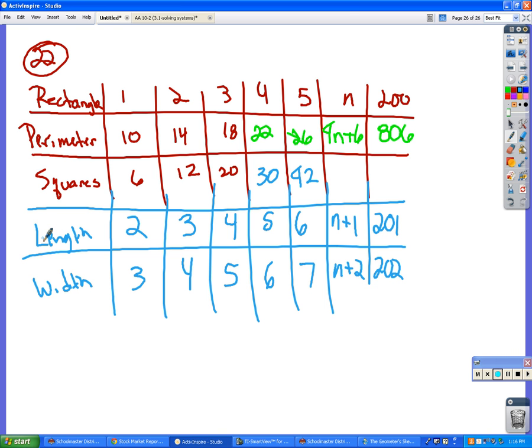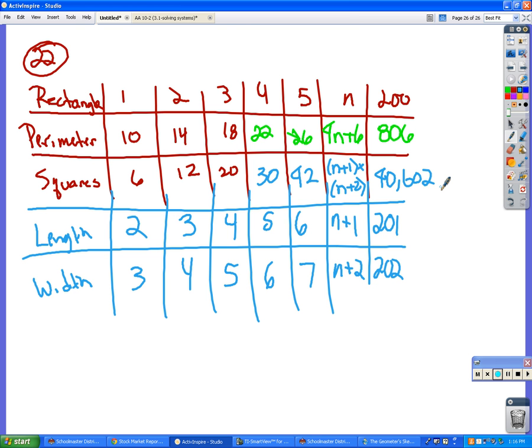So my general formula would be these two things multiplied together, n plus 1 times n plus 2. And then my answer for the area of a rectangle with a length of 201 and a width of 202 would be 40,602.